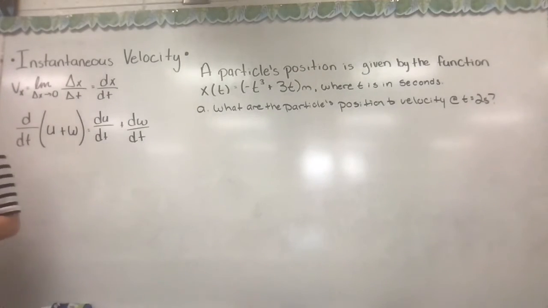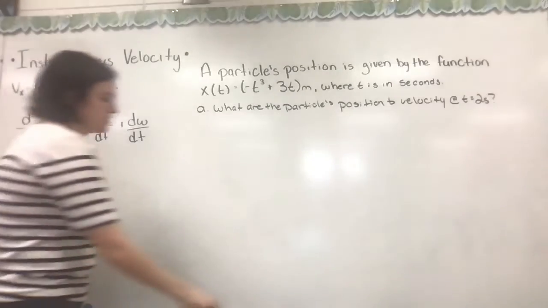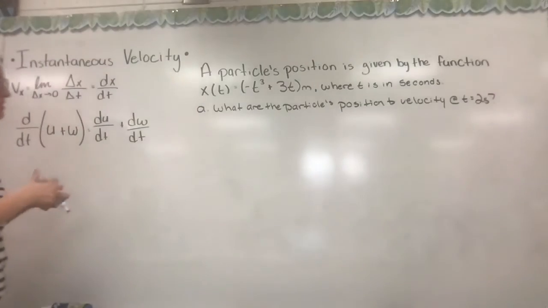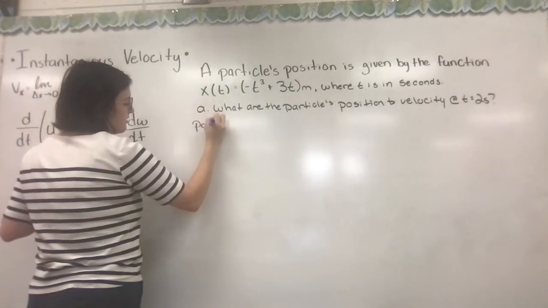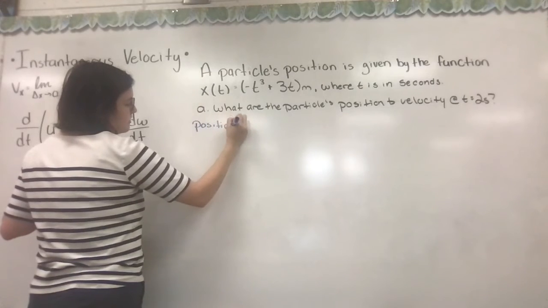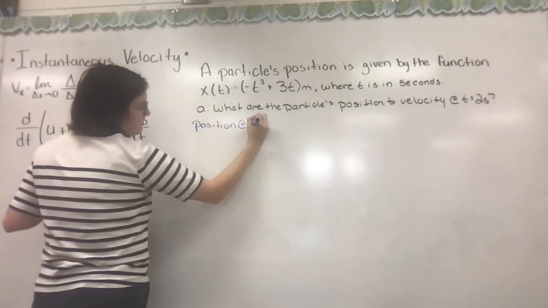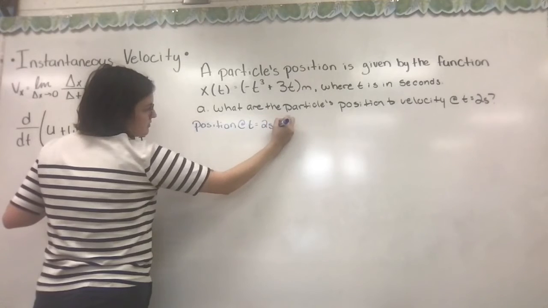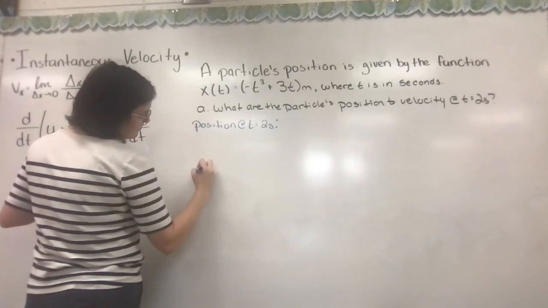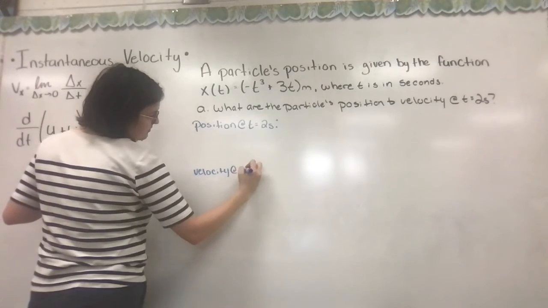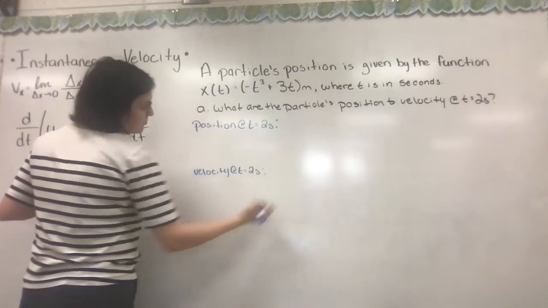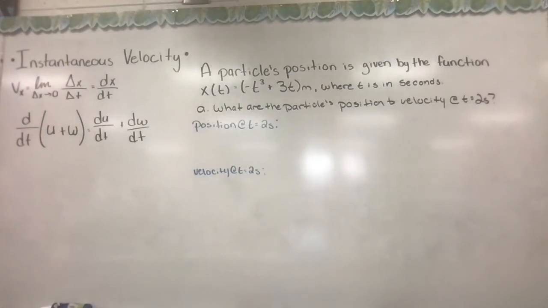So our first thing is, what are the particle's position and velocity at t equals 2 seconds? So let's start with its position. I'll give you guys a second to get this written down before we dive in. Okay, cool.